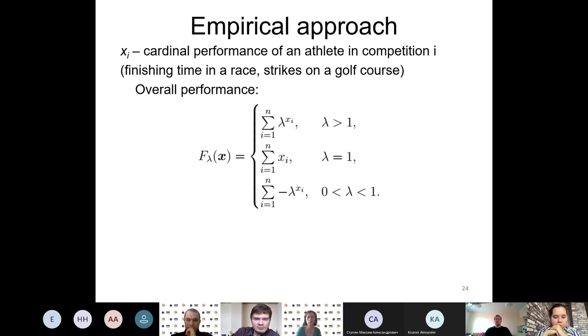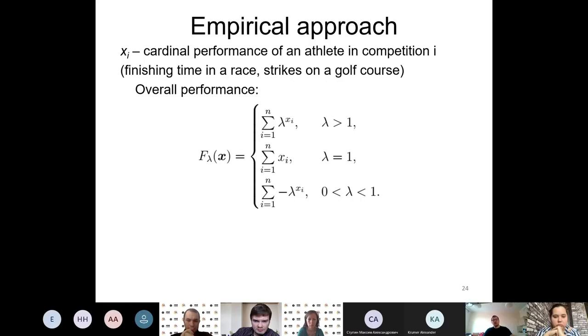Here I will focus in more detail because it is the most novel part of our paper. Suppose x_i is the cardinal performance of an athlete in competition i. So it can be finishing time in a biathlon race. It can be strokes on a golf course. So it's some cardinal performance. And how to measure overall performance in all races, because we have n races, n competitions in the full championship.